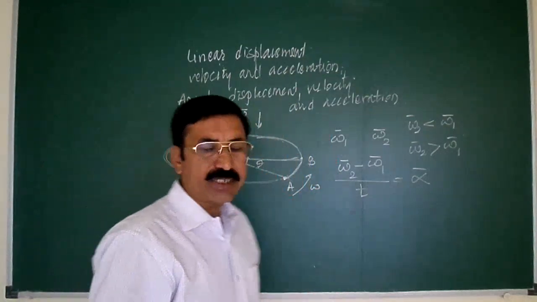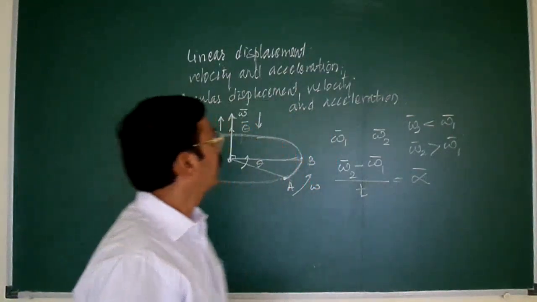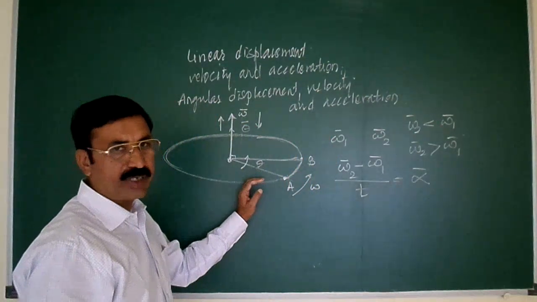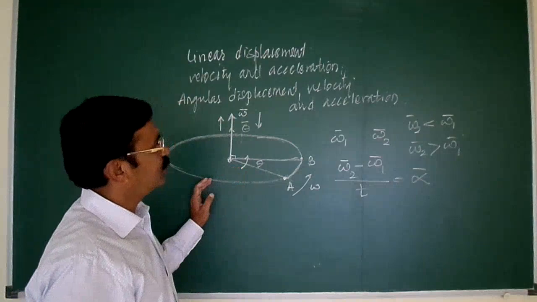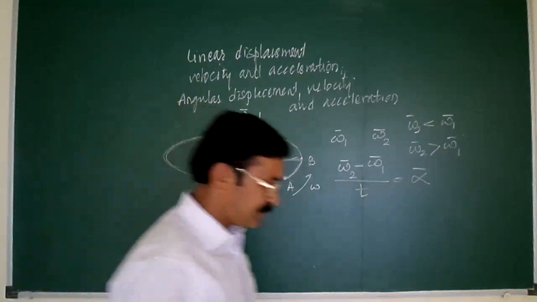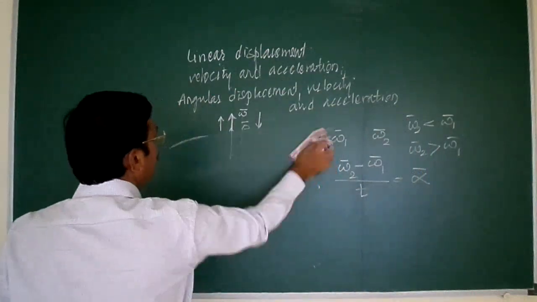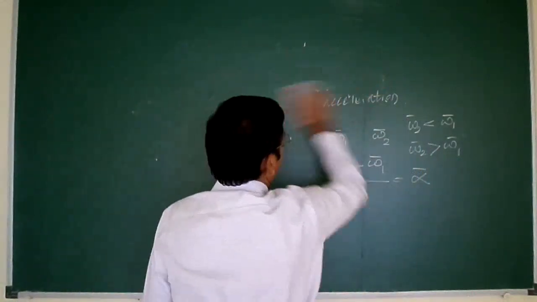Now, in order to study the relationship between linear velocity and angular velocity, linear acceleration and angular acceleration, let us consider a particle performing circular motion.